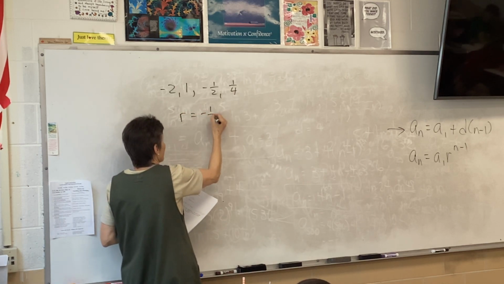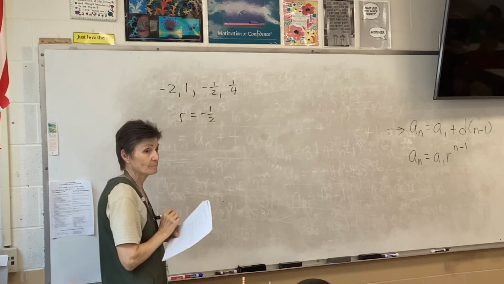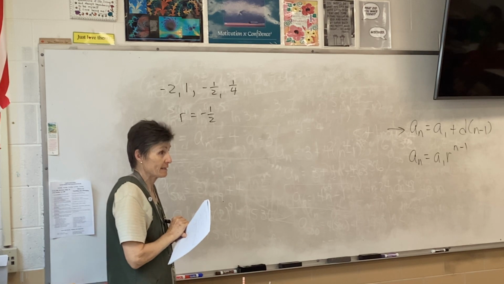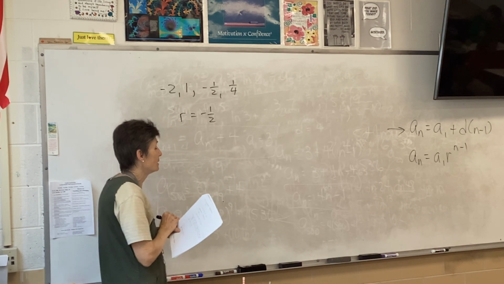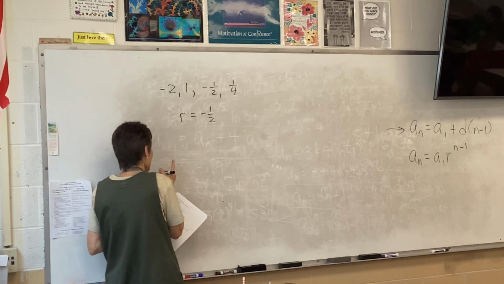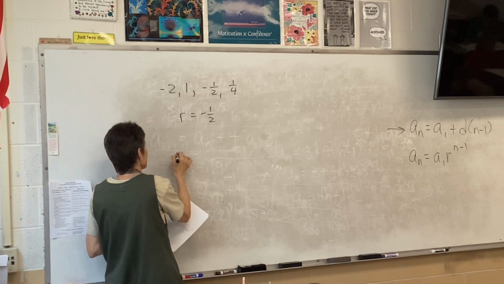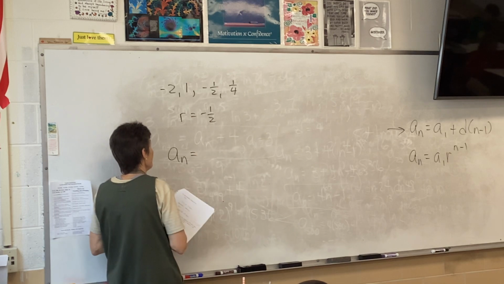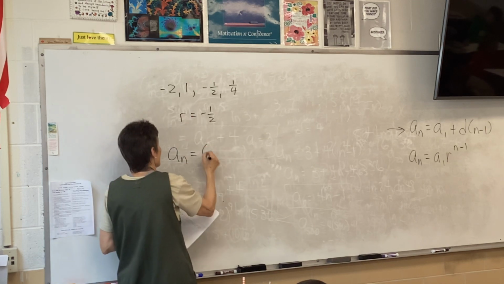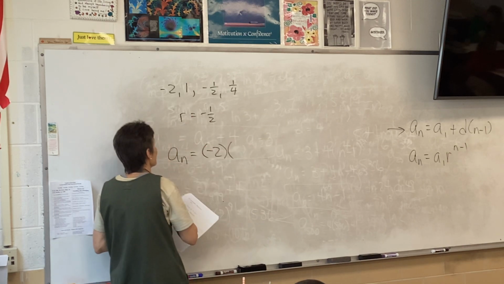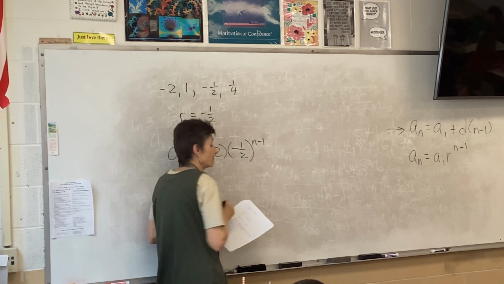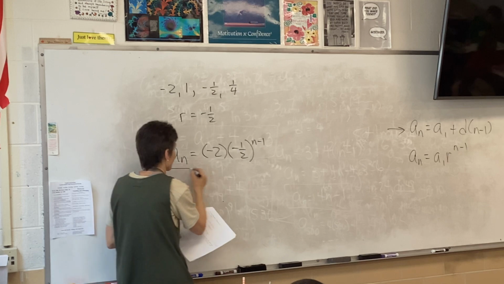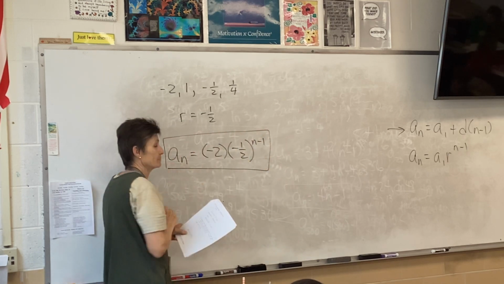Aren't I multiplying by negative 1/2? Ratio can be anything: negative, positive, fraction, doesn't matter. So it's geometric. My formula says that the nth term is the first term times the common ratio to the n minus first. Done. That's it.